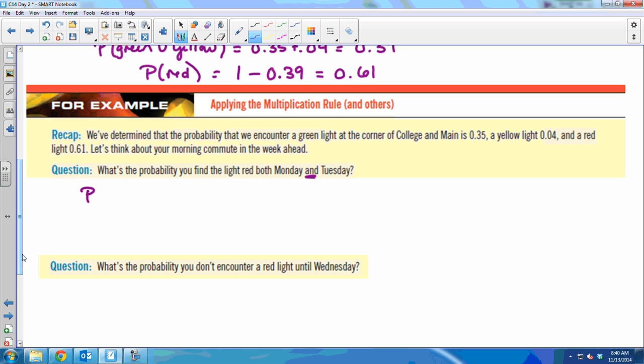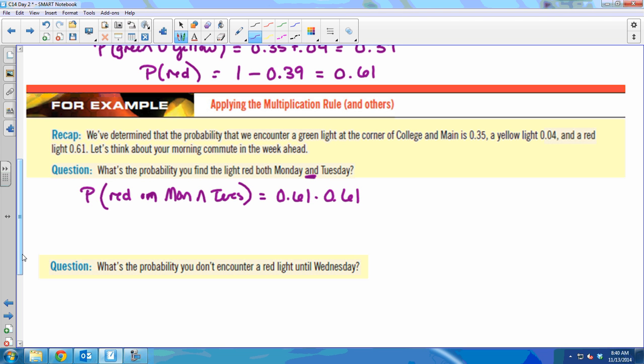So the probability that the light is red on Monday and Tuesday is going to be what, 0.61 times 0.61? Because they're independent, one after the other.